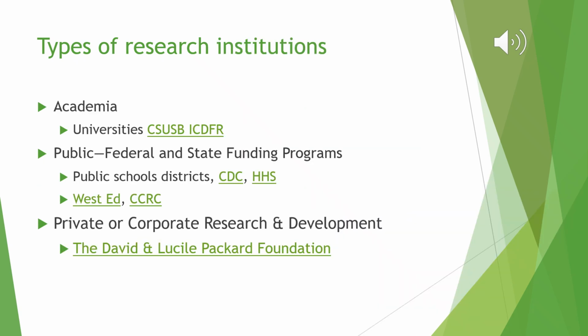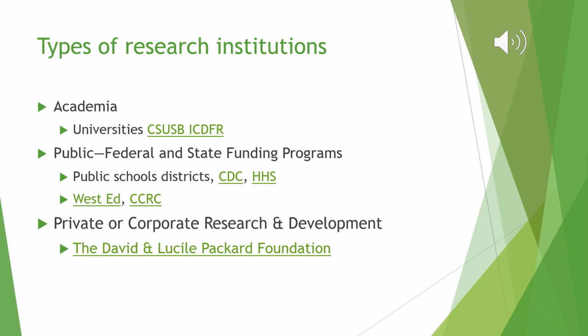There is also more than one type of research institution in which someone can have a research career, even particularly focused in child development. I think one of the most common ones that folks think about is academia.